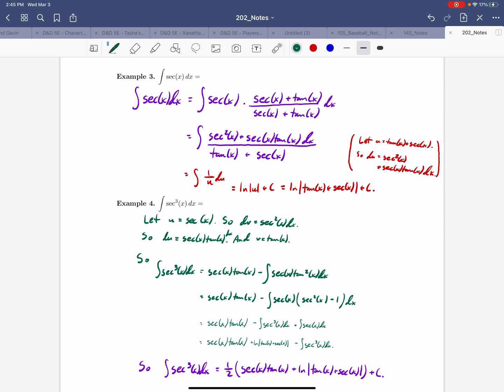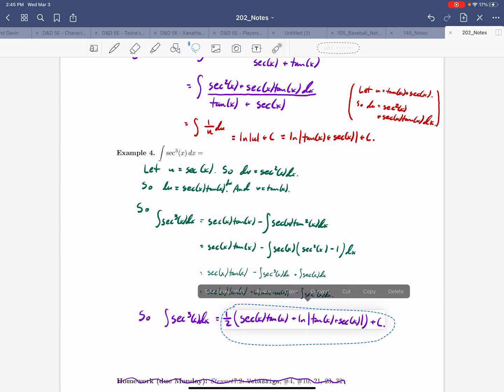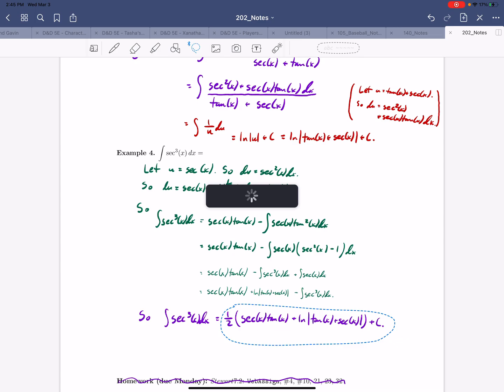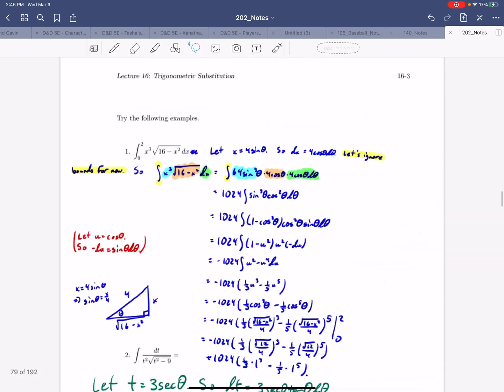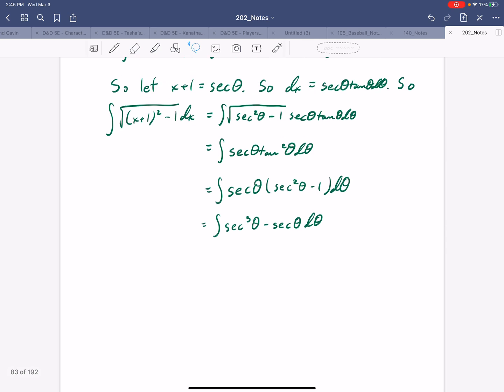We know the integral of secant, right? We just did that one. The integral of secant cubed, right? Maybe we'll just borrow this bad boy for a second here. Just copy that. Maybe just paste it where appropriate. 1/2 of that.